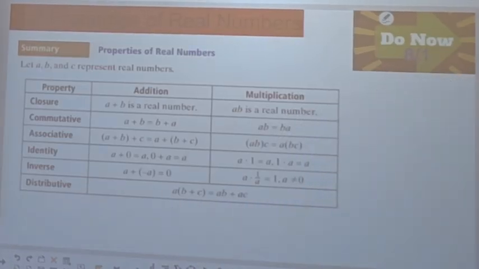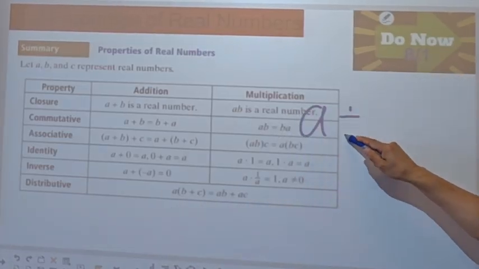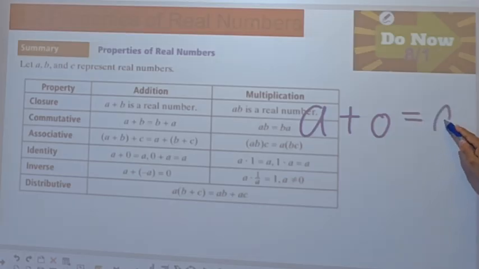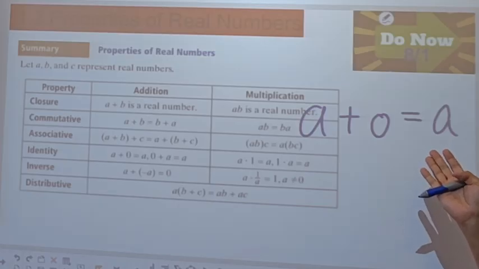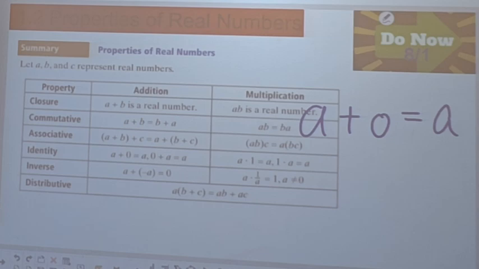And now, you add 0 to any number, that becomes itself, right? Identity means you do that operation and it doesn't affect the number at all. That's what we call identity.